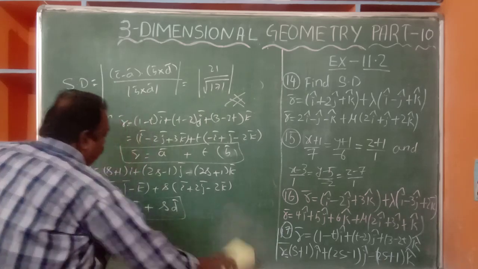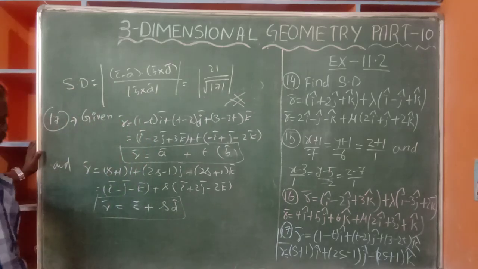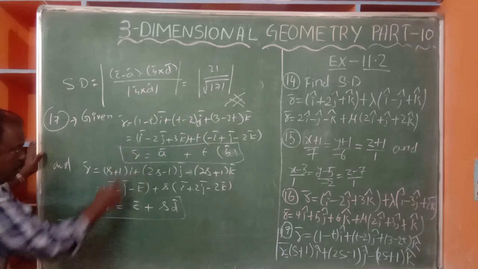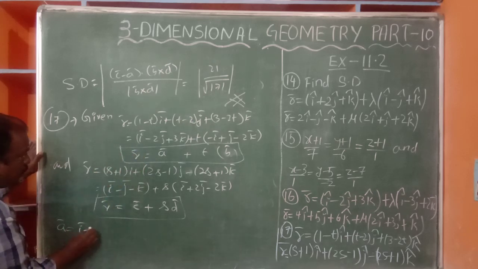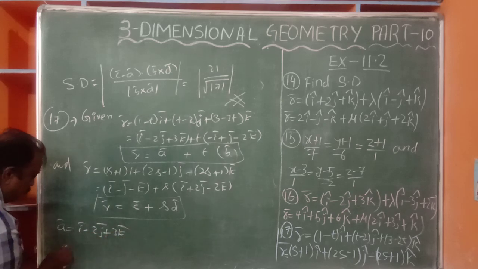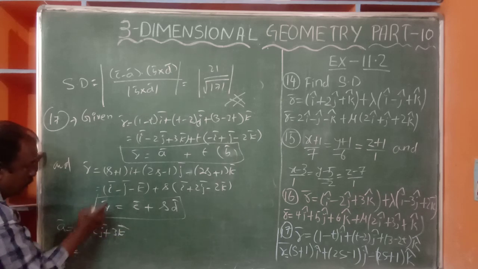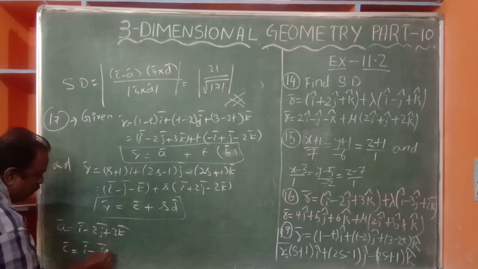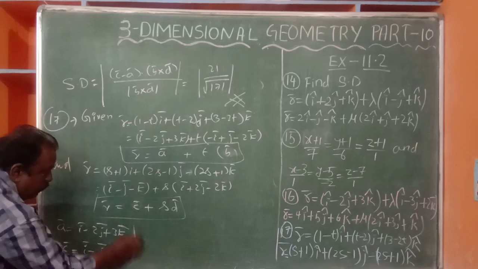Now I will write here only. What is A bar? A bar is i minus 2j plus 3k. C bar is i minus j minus k.